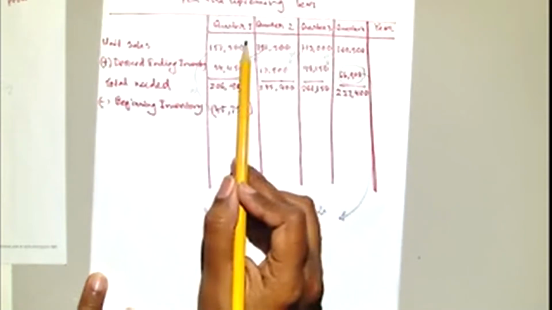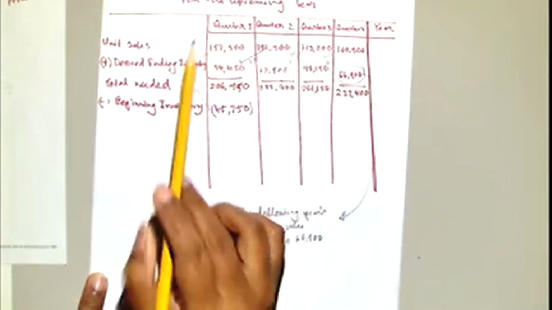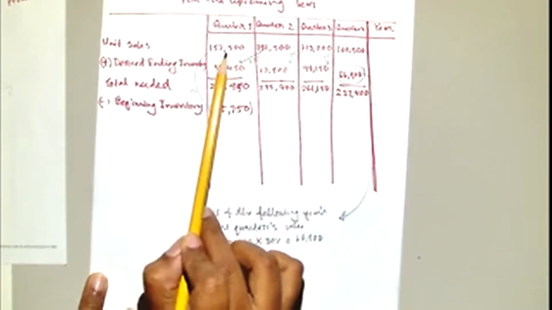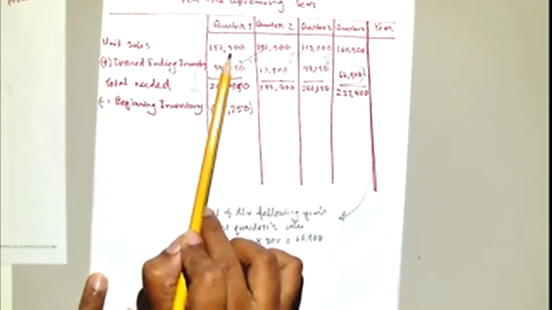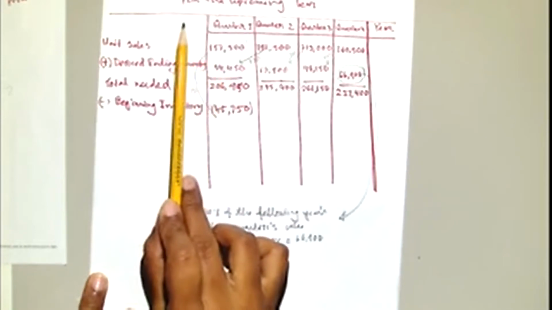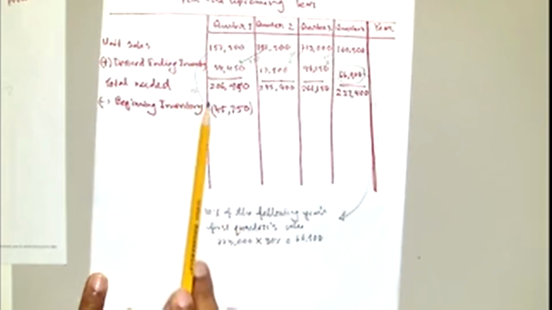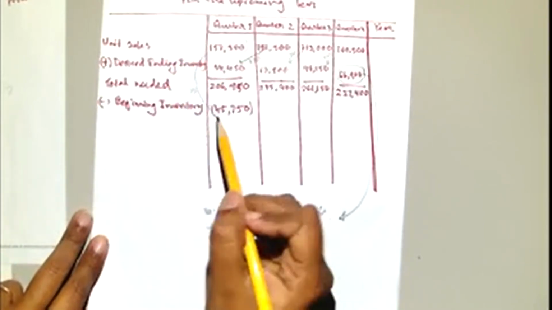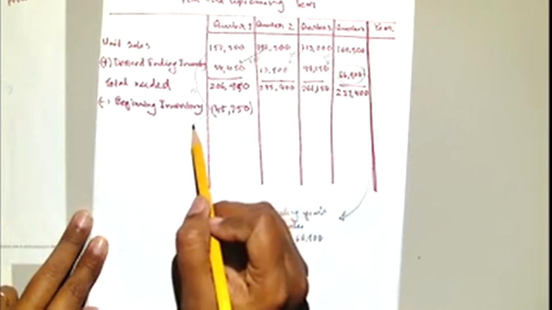The following quarter means Q1, so 30% of sales would be your last quarter's ending inventory, and that should be your first quarter's beginning inventory.